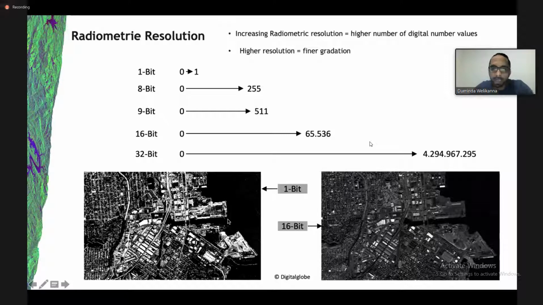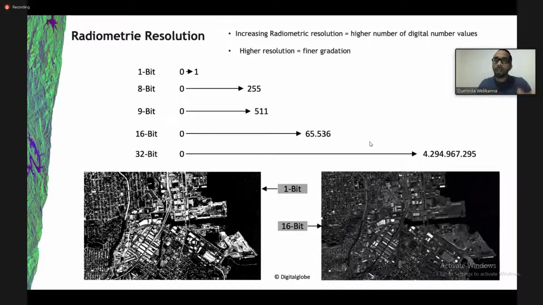So only 2 details you can see. Some are white, some are black, because it has only a 1-bit image. It's only 2 gray level values each pixel can record, either 0 or 1. But in the 16-bit case, it can record 65,536 values for each pixel, higher radiometric resolution.